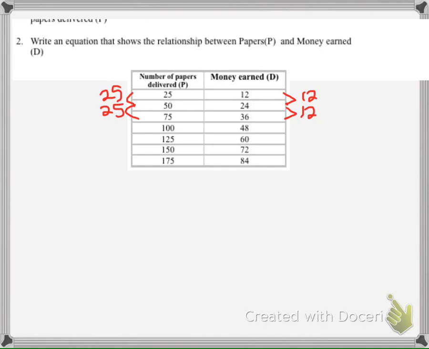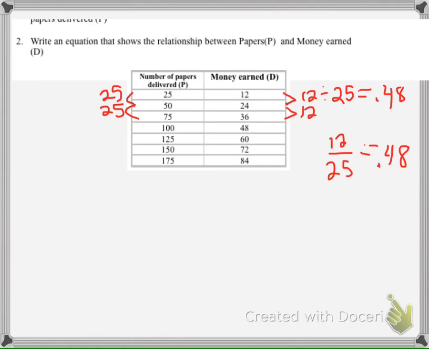So in order to find my slope, I have to do y divided by x, so 12 divided by 25 equals 0.48. Now, I would normally want to keep it as a fraction and say that it's 12 over 25. But we're talking about money here, and I'm not going to say that they made 12/25 of a dollar. I'd rather say that they made 48 cents, so I'm going to write it as 0.48.